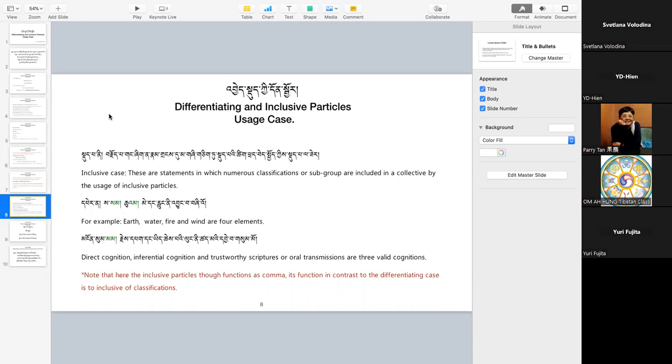So it may seem that it functions similar to the differentiating, where all of these are differentiated, but in this case, instead of differentiating, it links everything like a chain and then finally submits everything into the collective.